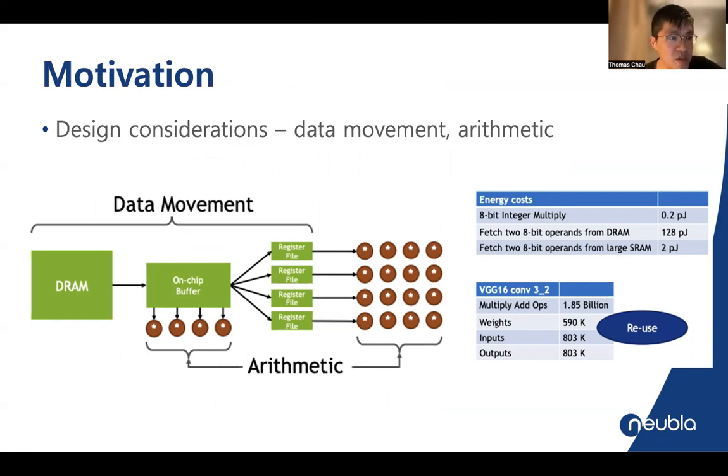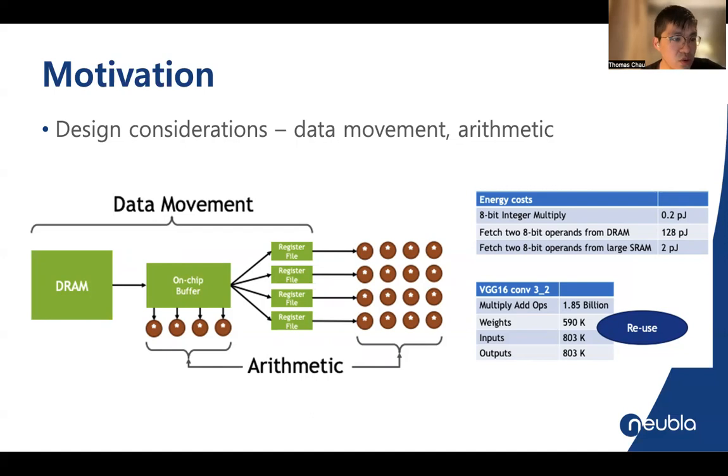The architecture space of DNN accelerators involves two main things. First, data movement that brings data into the compute unit. And the second is arithmetic units that perform the compute. In particular, data movement is important because of the huge difference in energy costs.